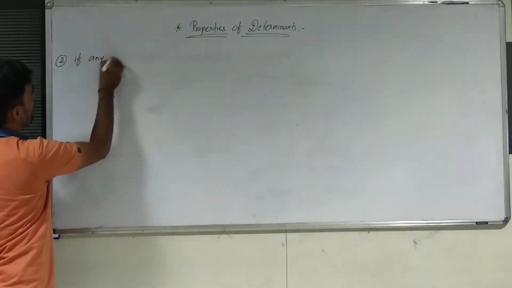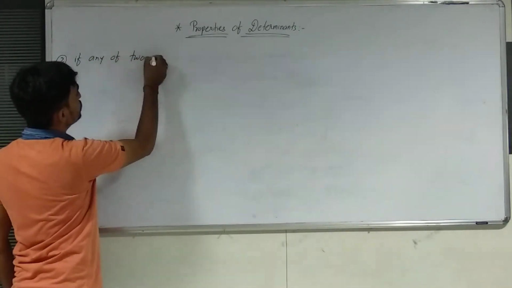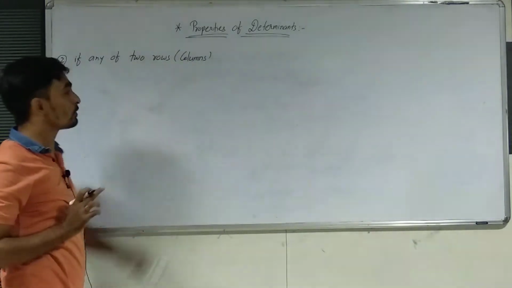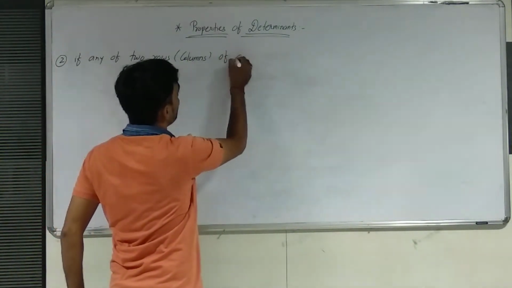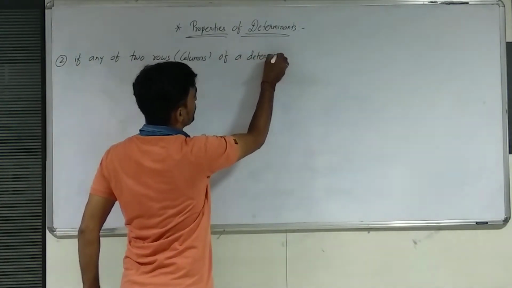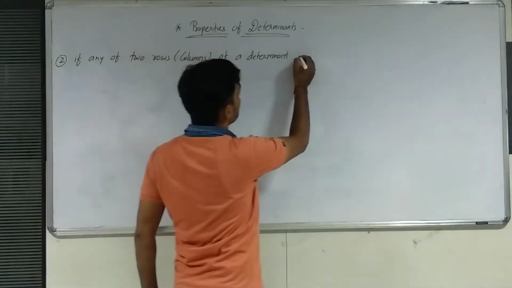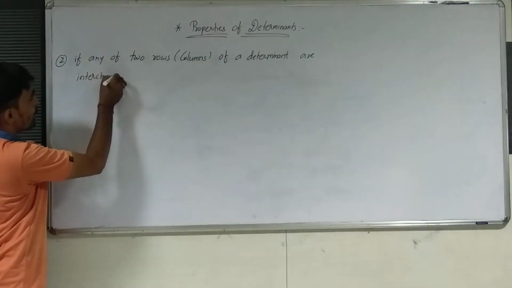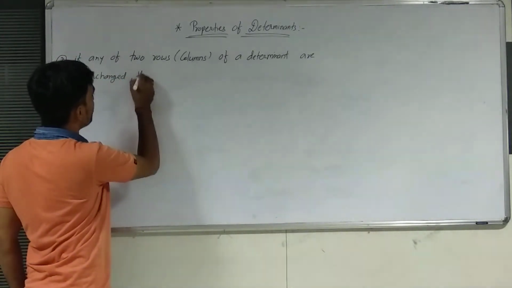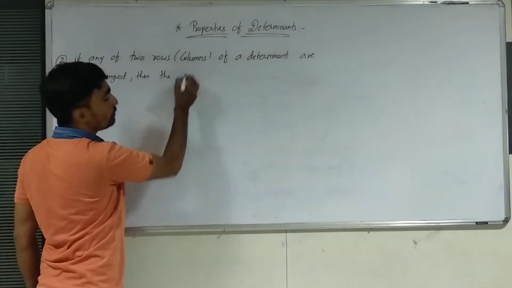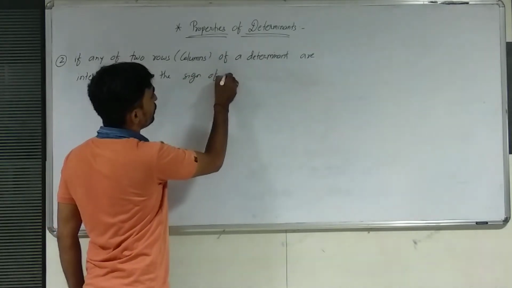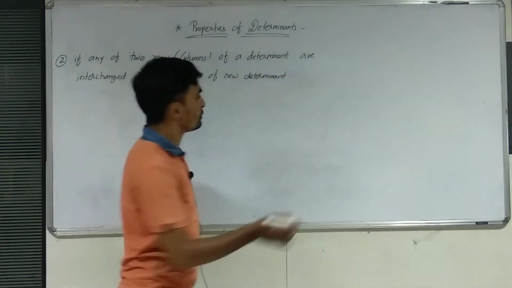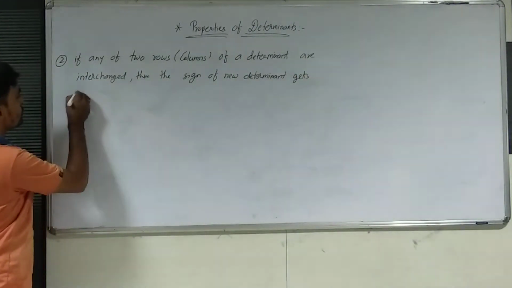If any two rows or columns, either rows or columns, of a determinant are interchanged, then the sign of the new determinant gets changed.